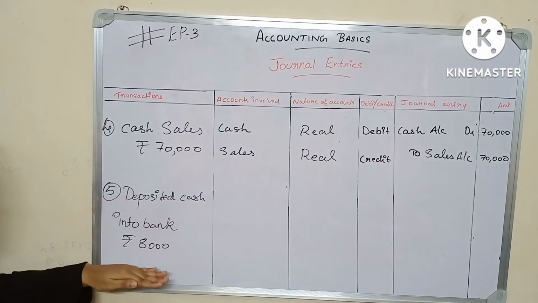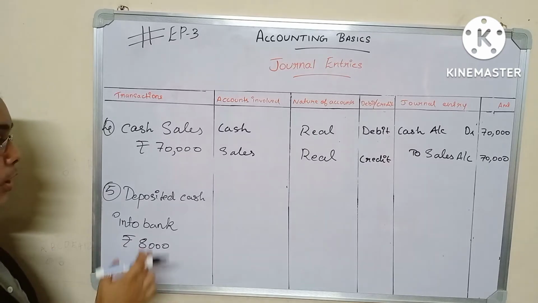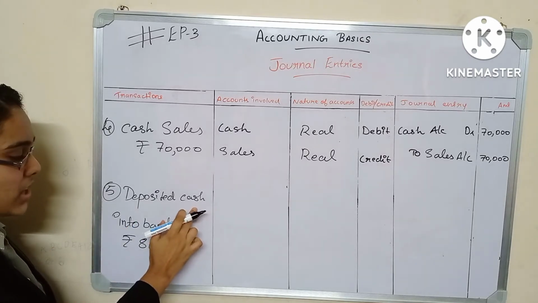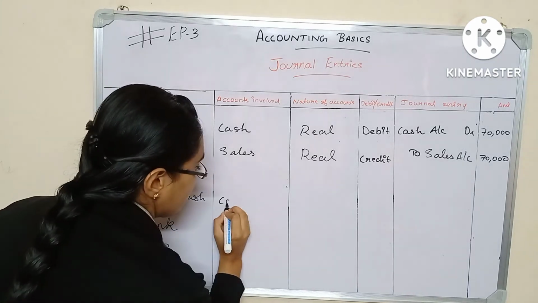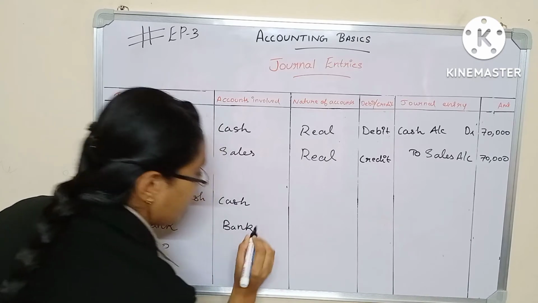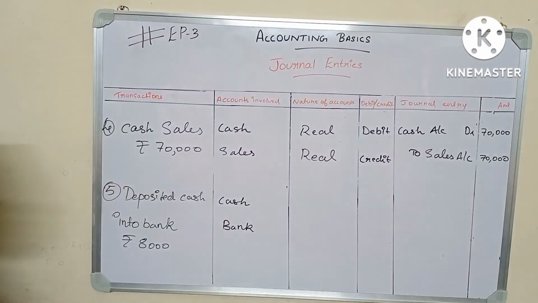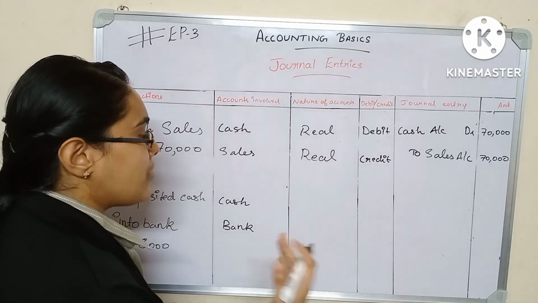Now let us look at the final transaction, that is deposited cash into bank rupees 8,000. Here which are the accounts involved? You are depositing cash. So cash and bank. Okay, I'll write cash and bank. Now you're going to analyze the nature of accounts.